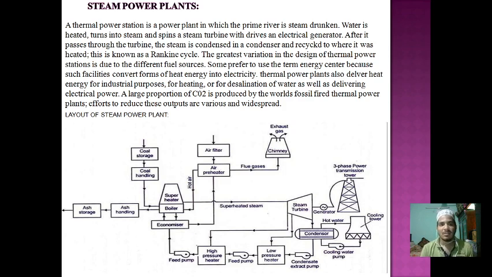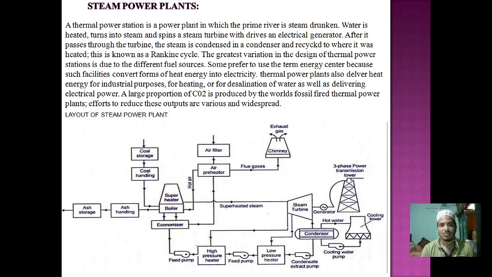Basically, a thermal power station is a power plant in which the prime mover is steam. Water is heated and turns into steam. First we heat the water and convert it into steam, which spins a steam turbine that drives an electrical generator. With the help of the electrical generator we can drive the steam power plant.